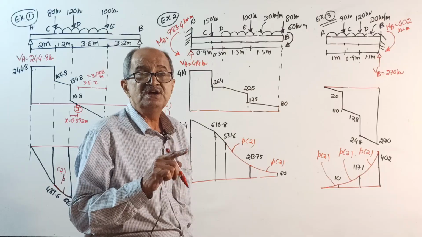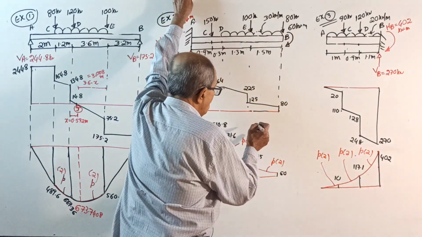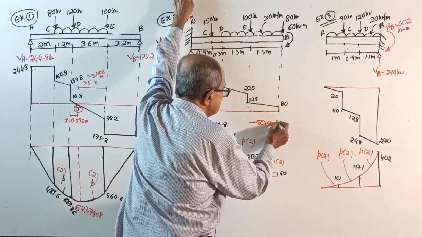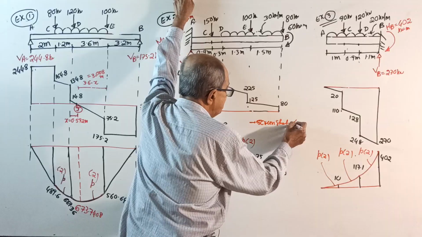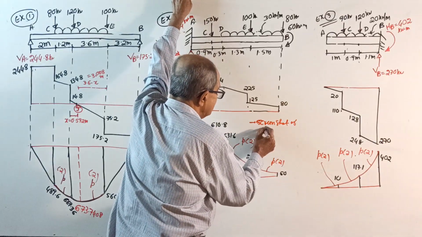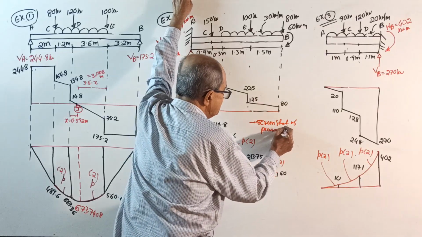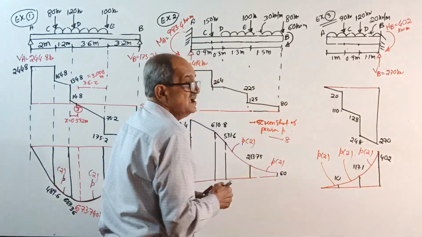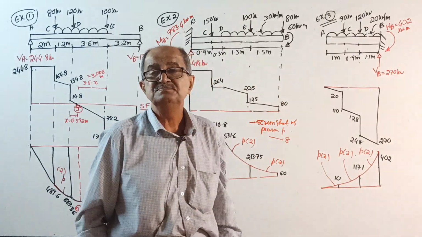Now do one thing, all those who are in the group, first take a screenshot of the last previous part 1, where I wrote all the 8 questions. You take one screenshot.